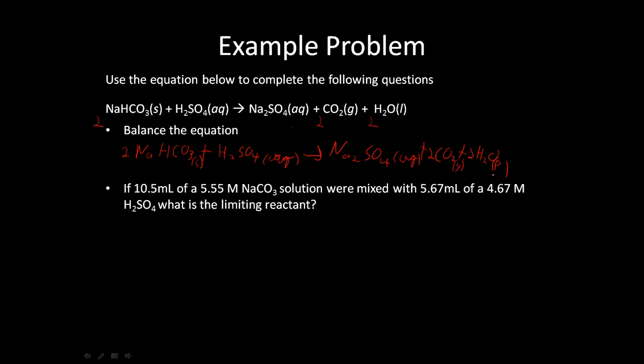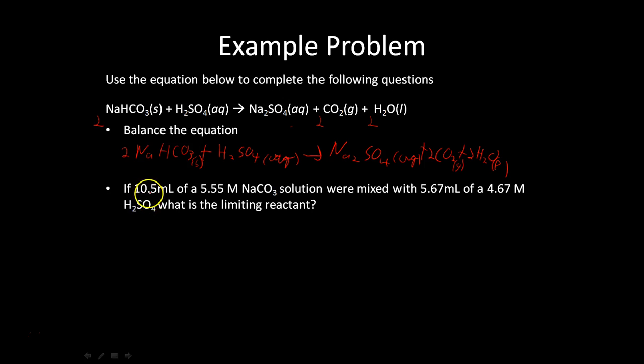If 10 milliliters of a 5.55 molar sodium carbonate solution were mixed with 5.67 milliliters of 4.67 molar sulfuric acid solution, what is the limiting reactant? The method I'm going to show you is one of the possible routes we can go.